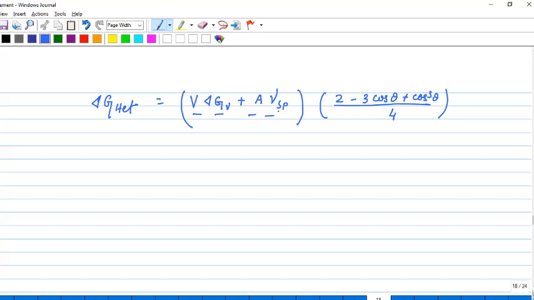where this indicates a spherical nucleus that we considered before, right? So this SP indicates spherical shape for the nucleus, right? So this is nothing but delta G homogeneous, right?